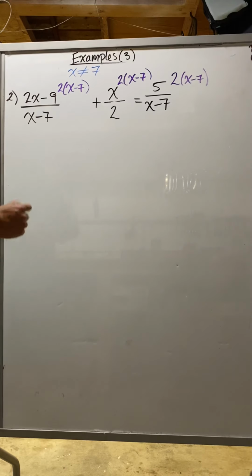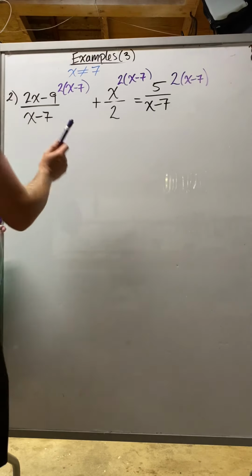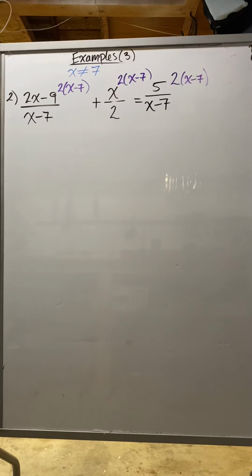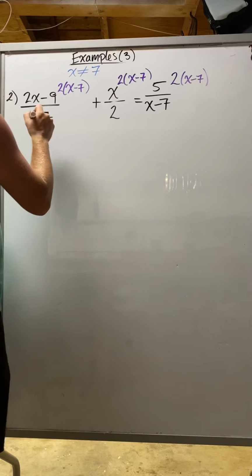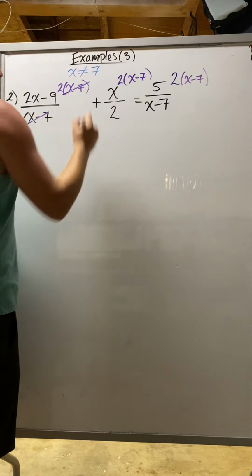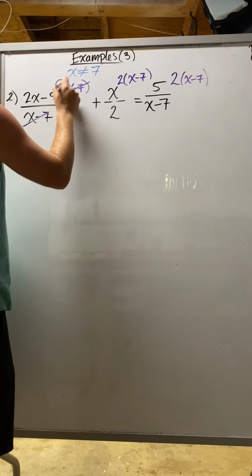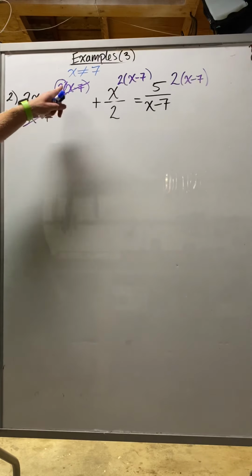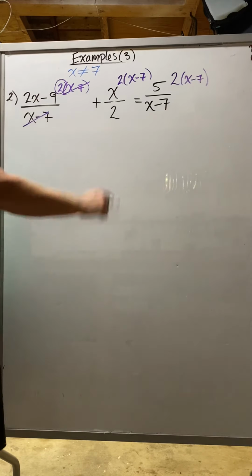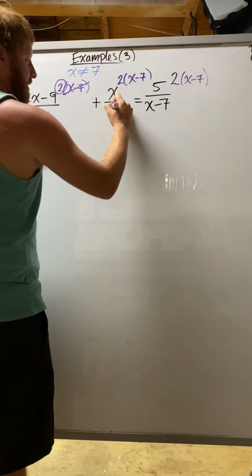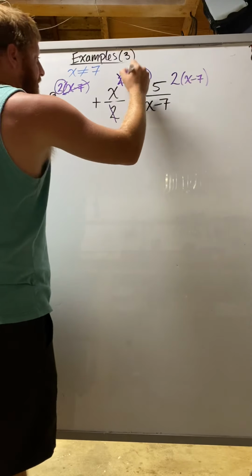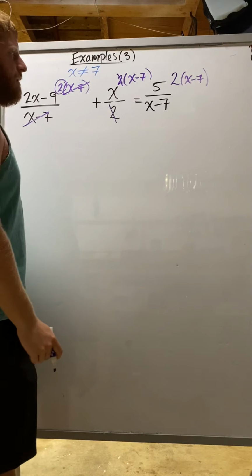multiply everything through. So looking here, first fraction. I see there's an x minus 7 in the bottom, and I see there's 1 in the top. So those x minus 7s will cancel. But what's left? A 2. So 2 is going to times that. Next fraction, I see that there is a 2 in the bottom and a 2 in the top. So those 2's will cancel.